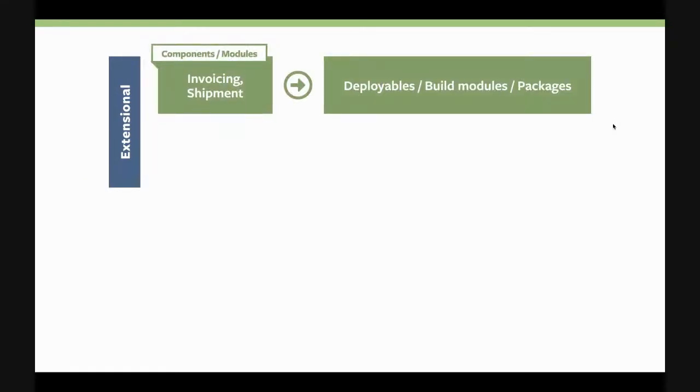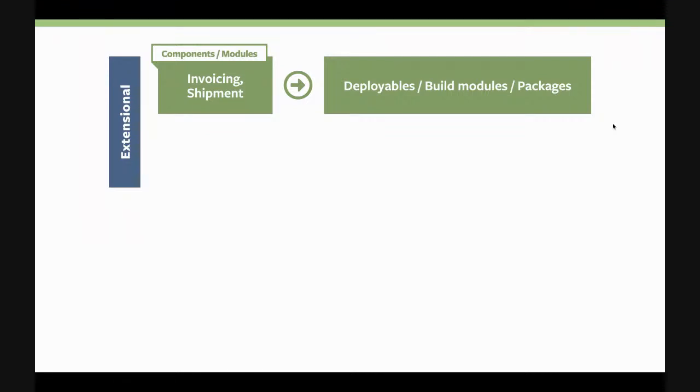They separate extensional architectural elements from intentional ones. Sounds complicated. Extensional ones are the ones where you list the things explicitly. So the system consists of different components and modules, right? You can talk about, okay, something is an invoicing module or a shipment module.